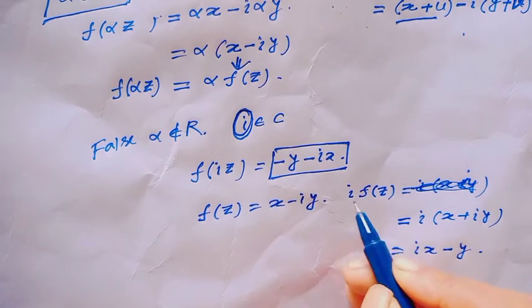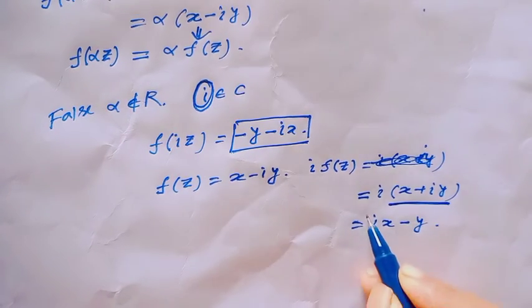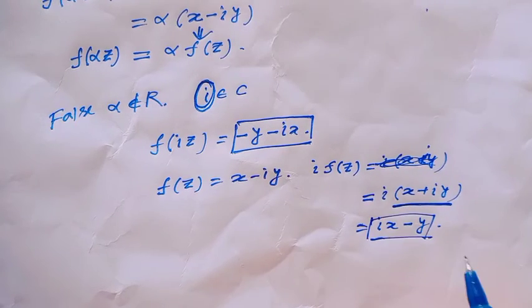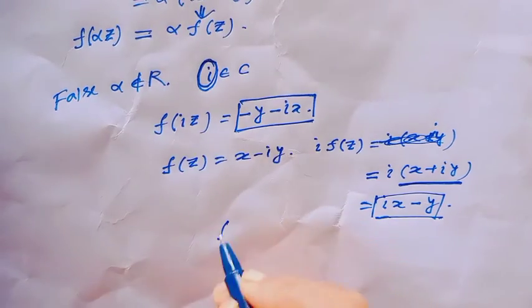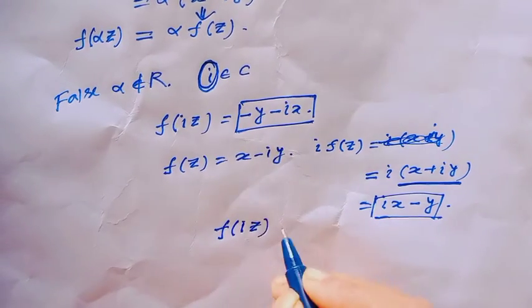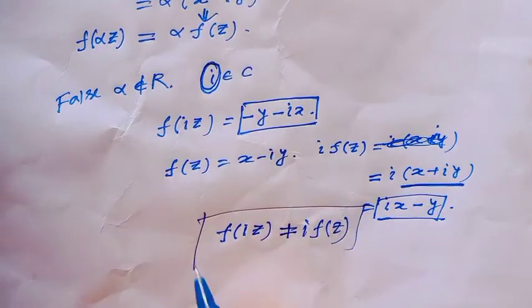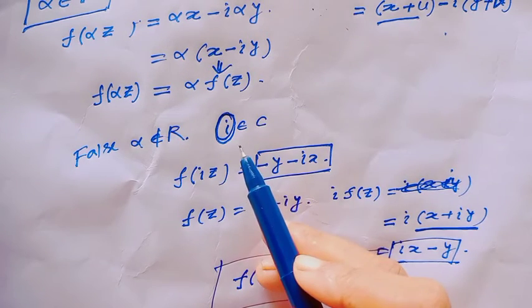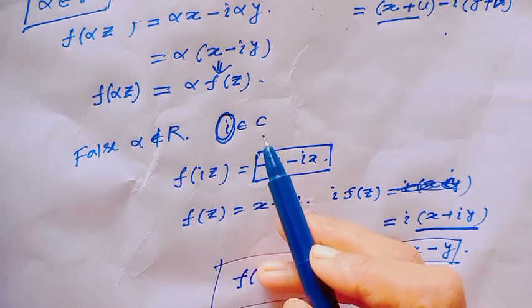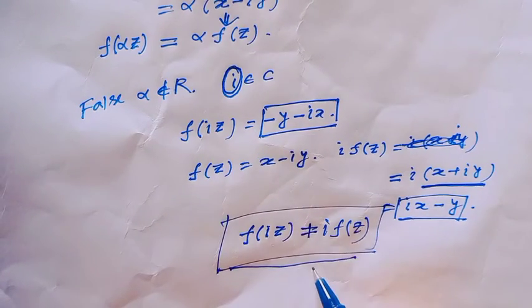Then i times f of z is i times (x minus iy), which is equal to ix plus y. That means, notice here, f of iz is not equal to i times f of z. Are you getting? That means if we consider the scalar as a complex number, then this property will not be satisfied.